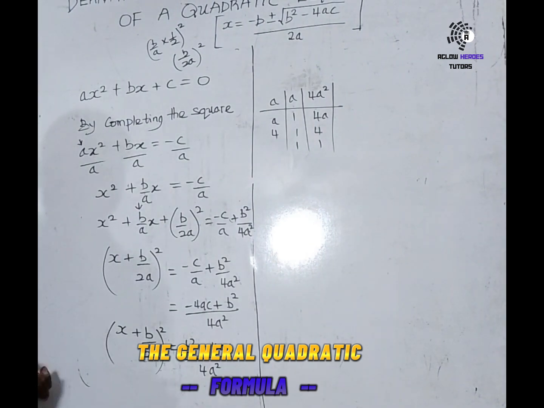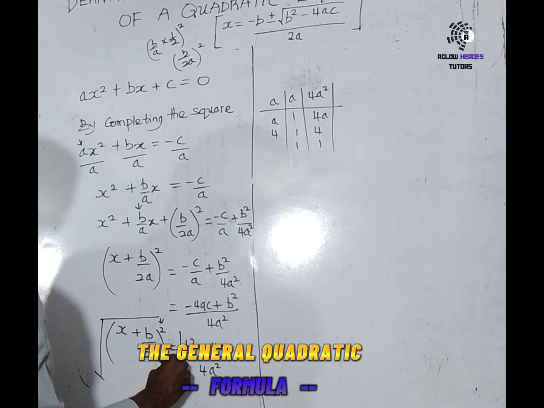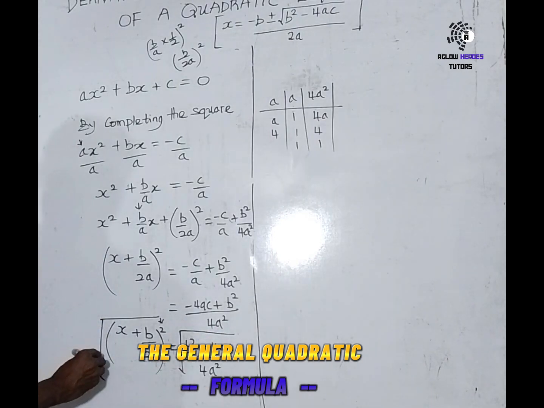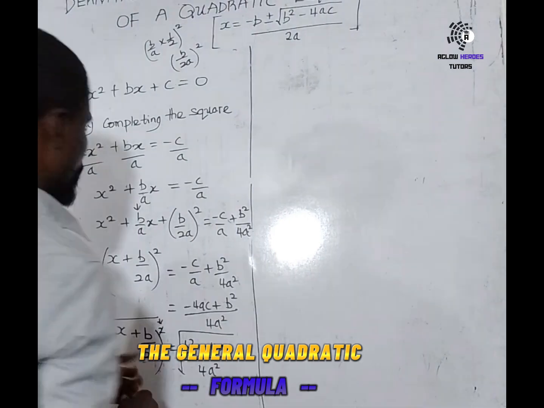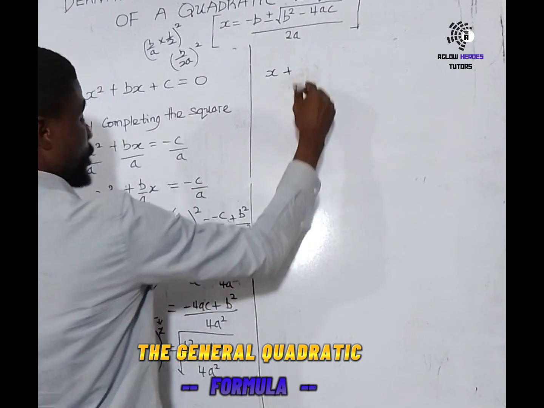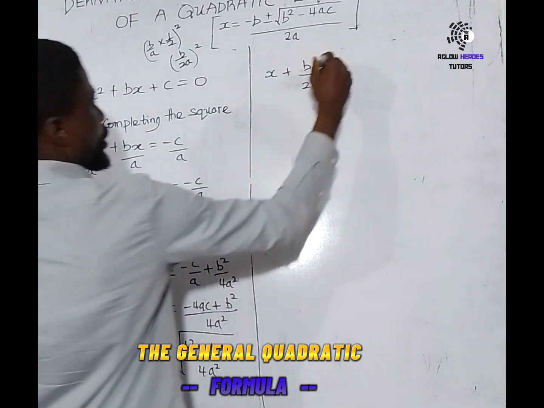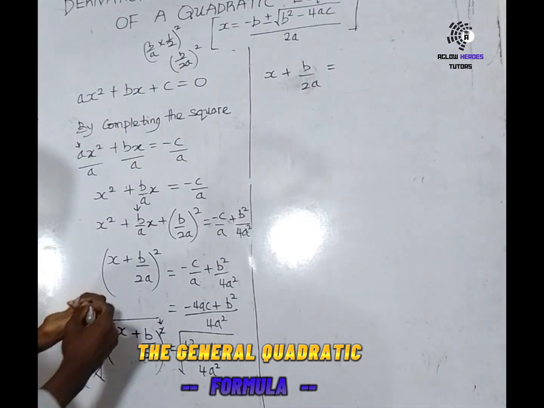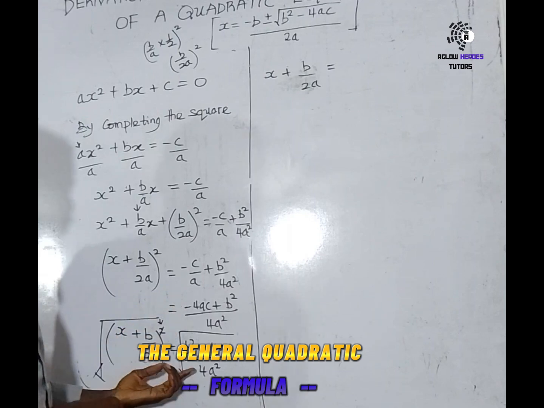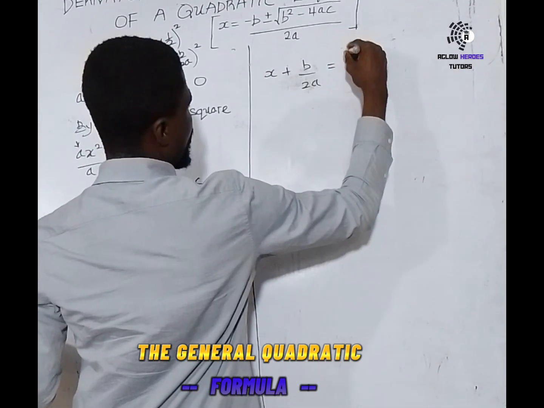The next thing we're going to consider is the square. We're going to remove it by saying find the square roots of both sides. So if we find the square root of both sides, we take our square off, so we will have that x plus b over 2a is equal to the square root of the denominator in this case, and then leave the numerator as it is.